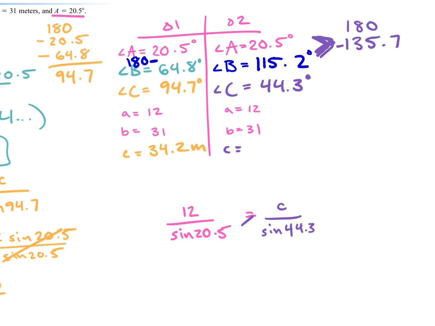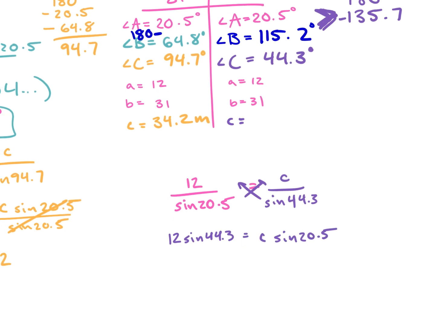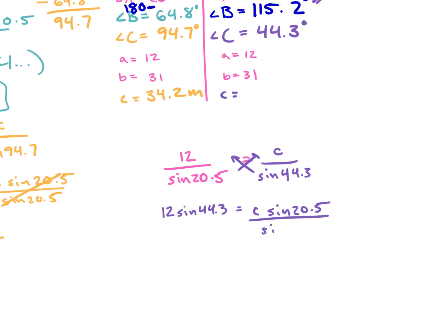We are going to cross multiply. So 12 times sine of 44.3 equals C times sine of 20.5. Divide both sides by sine of 20.5.